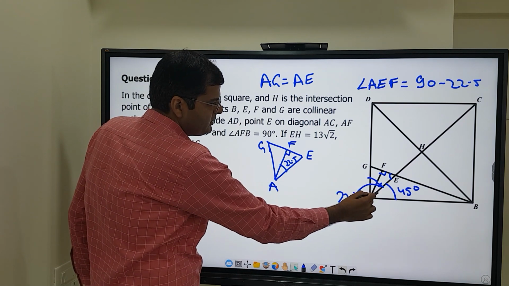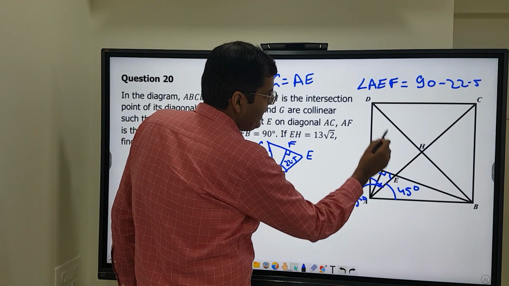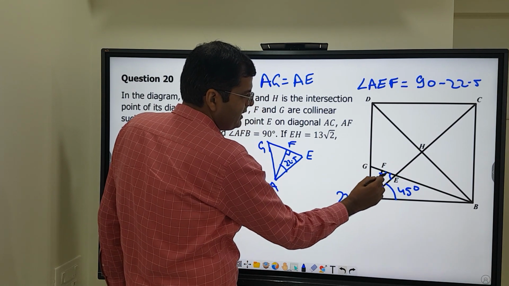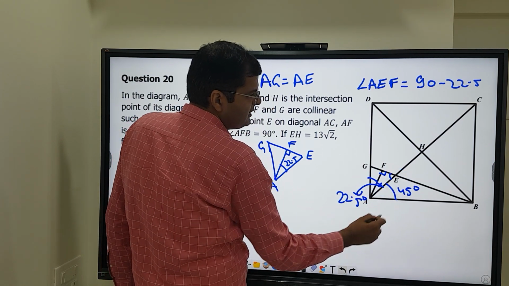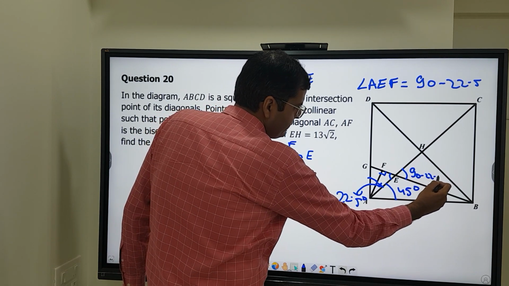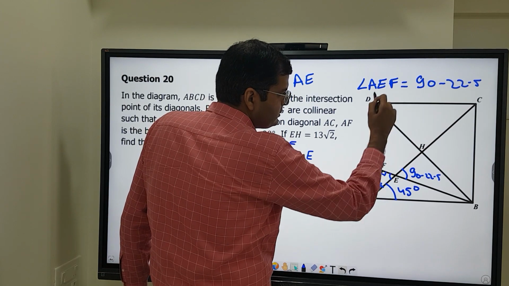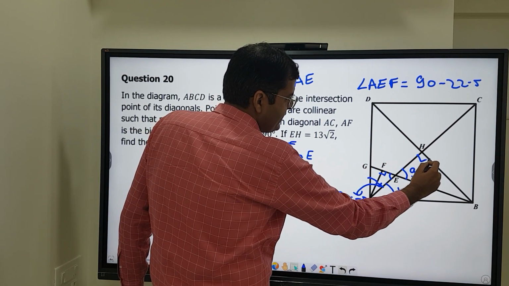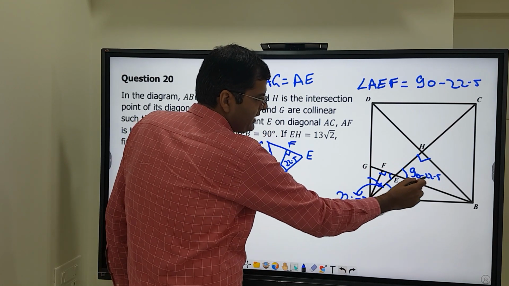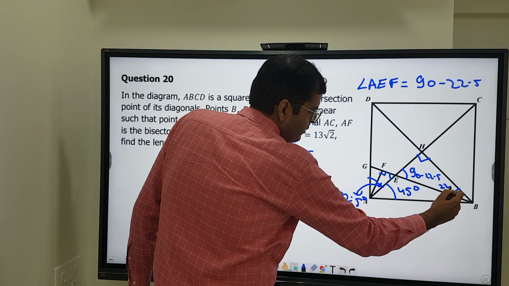The angle vertically opposite to it will also be 90 minus 22.5. Now the diagonals of a square meet at 90 degrees, so if this is 90 and this is 90 minus 22.5, this angle over here has to be 22.5.